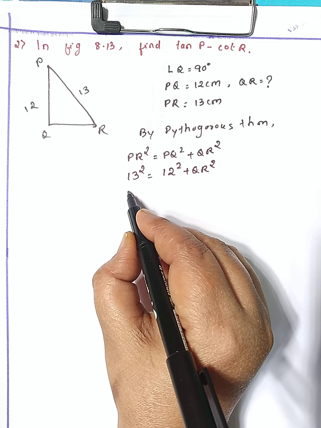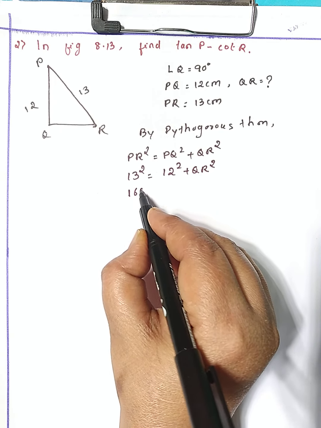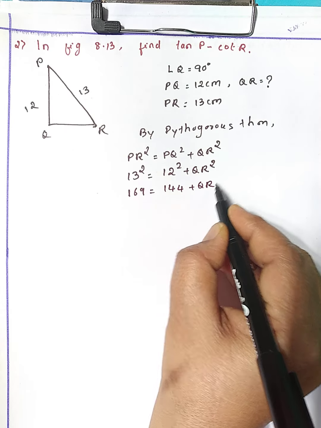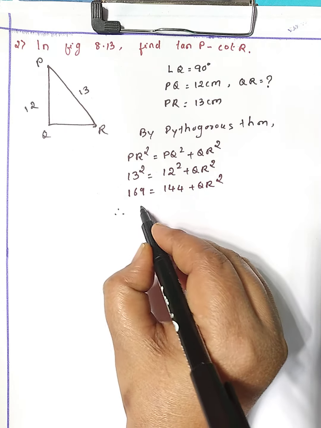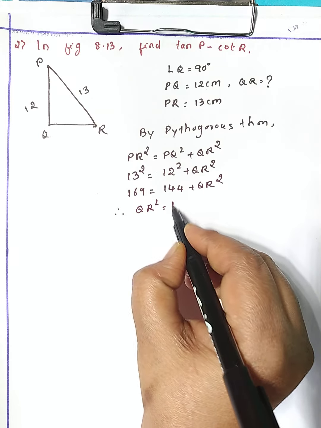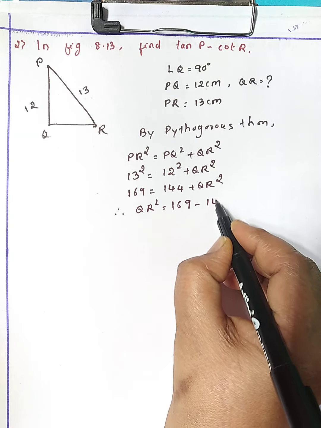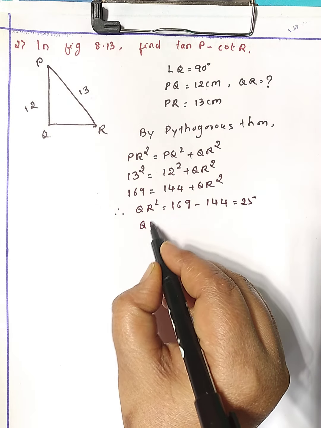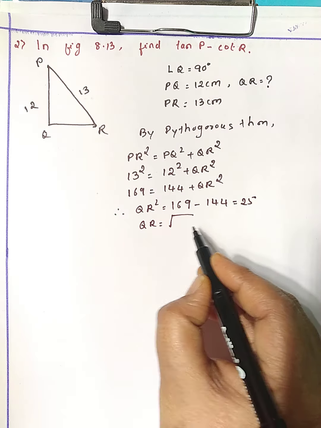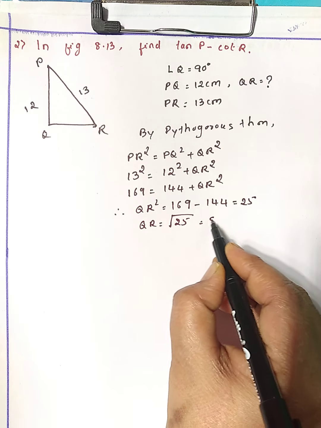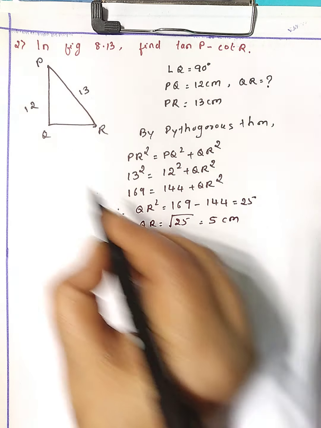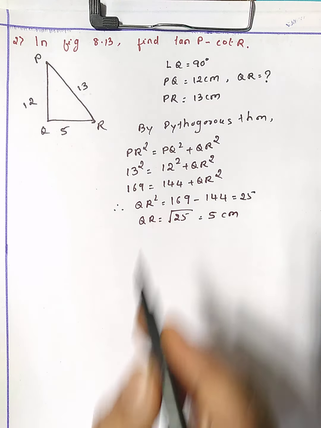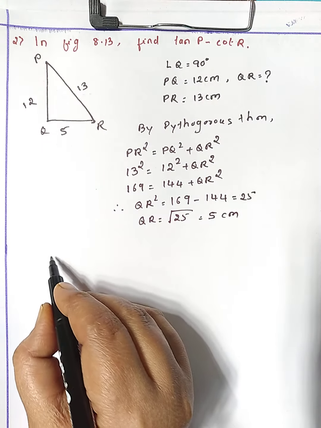Square of 13 is 169 equal to 144 plus QR square. Therefore, QR square equal to 169 minus 144, that is 25. QR equal to square root of 25, that is 5 centimeter. Now the question is tan P and cot R.